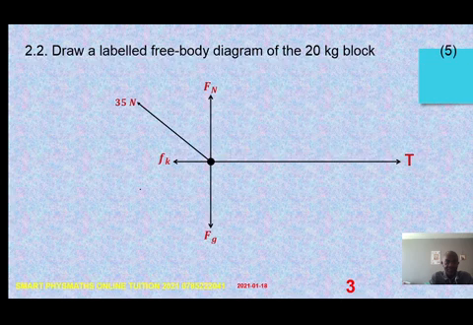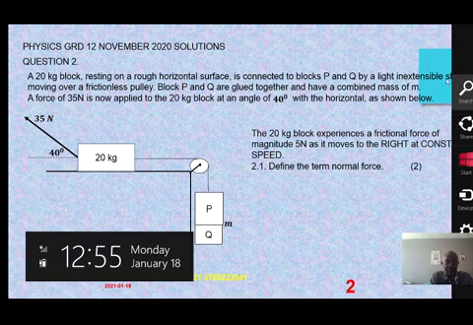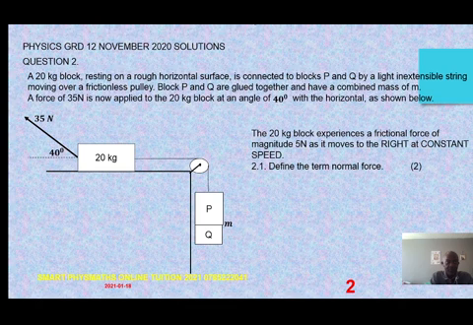The question was saying that a 20 kilogram block resting on a rough horizontal surface is connected to blocks P and Q by a light inextensible string moving over a frictionless pulley, then blocks P and Q are glued together and have a combined mass of M. Then a force of 35 newtons is applied to the 20 kilogram block at an angle of 40 degrees with the horizontal as shown below.